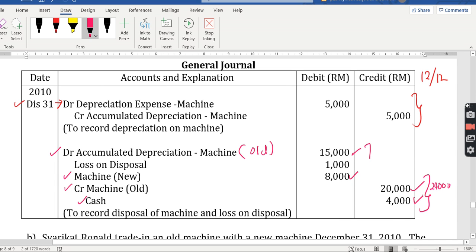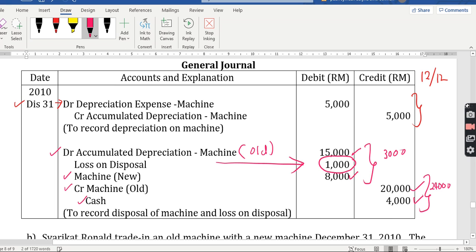And on this debit side, you have 23,000 ringgit. So the missing amount is actually 1,000 ringgit on the debit side. So this is actually your loss on disposal.